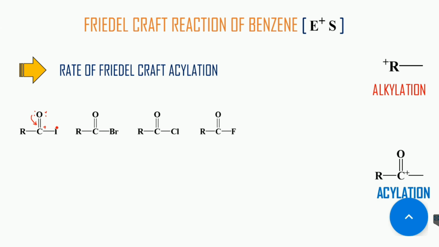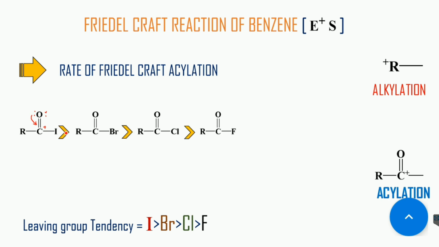On that list iodine is first, because iodine is much bigger than the other halogens. So this time it will follow the leaving group tendency from bigger to smaller. So our rate of Friedel-Crafts acylation is this one, just the opposite of our alkylation.